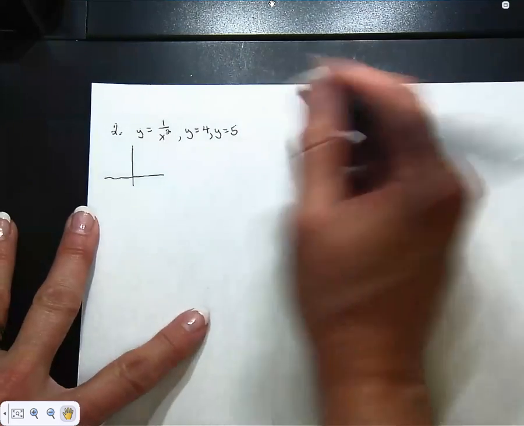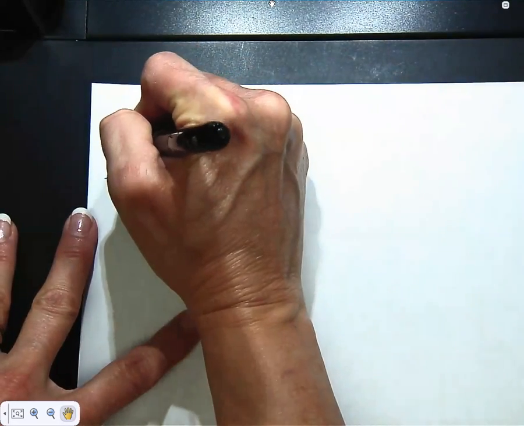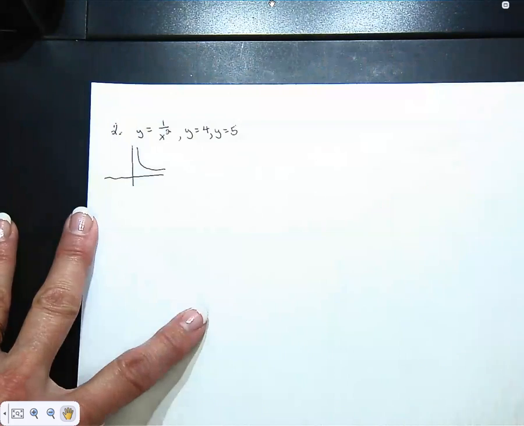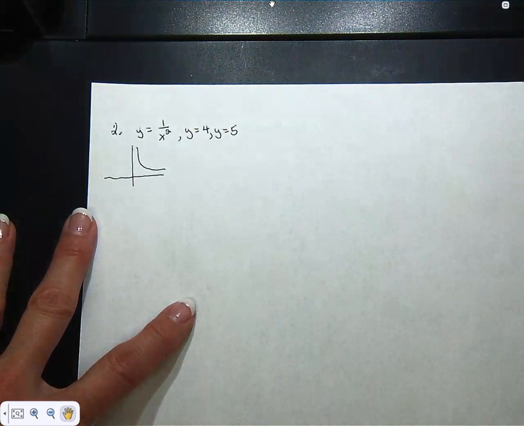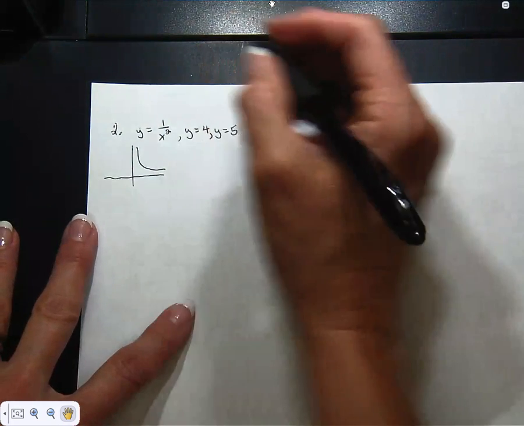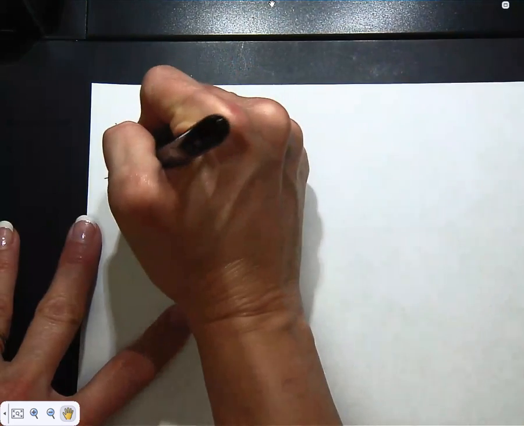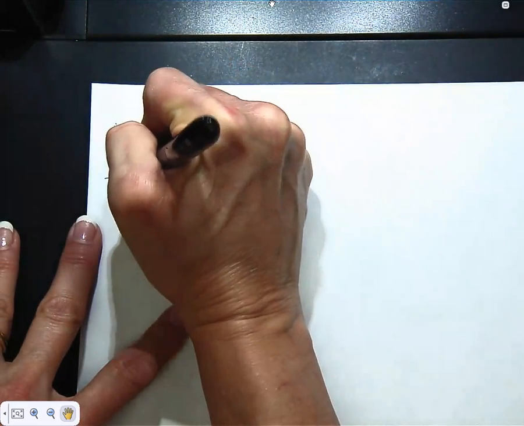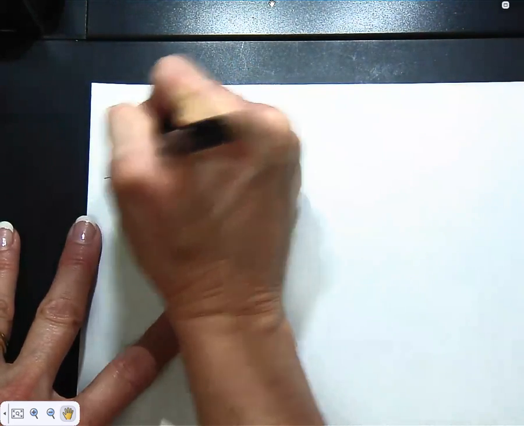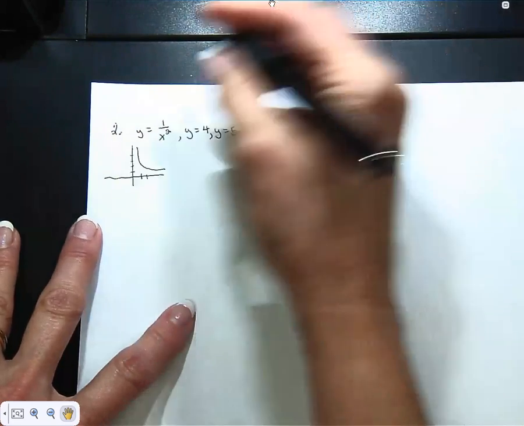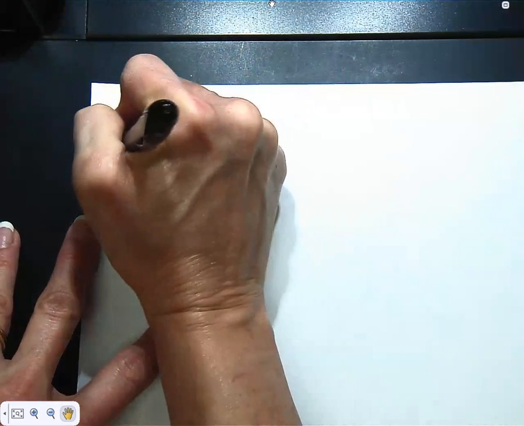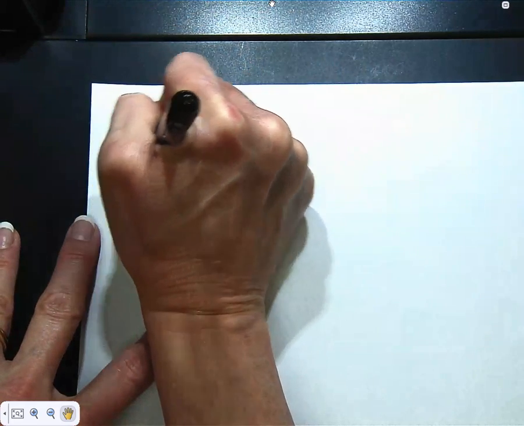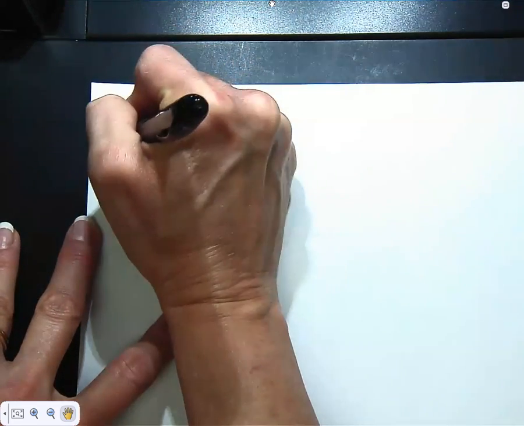kind of looks like this. And when x is, I gotta get my brain working on this one. When x is 2, y would be 4. And y equals 4, y equals 5.